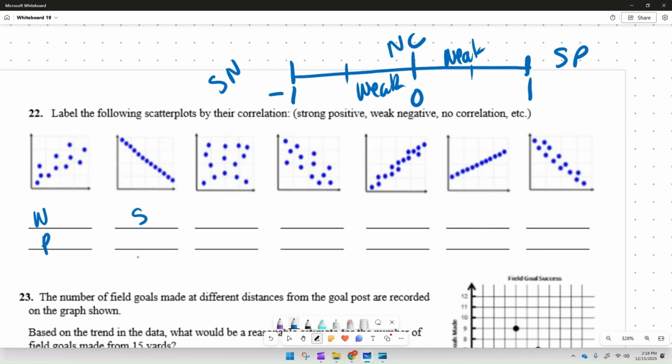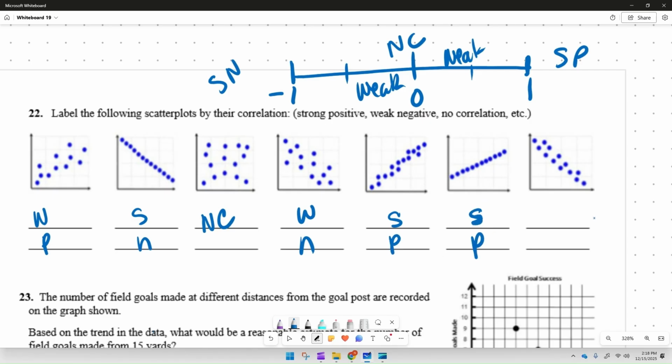So looking at number 1, I would say that that's a weak positive. This is definitely a strong negative. This would be no correlation. This would probably be a weak negative correlation. This would be strong positive.